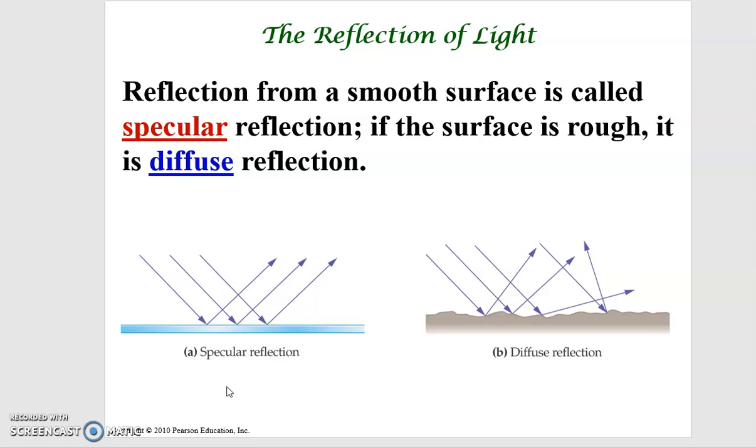However, in nature, a lot of materials are not perfectly flat if you look at the surface. If you have a rough surface like this, the law of reflection is still true.